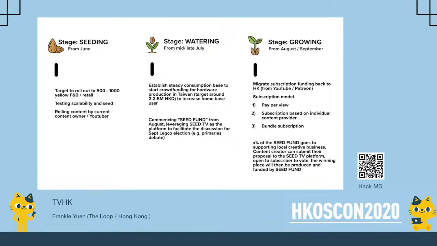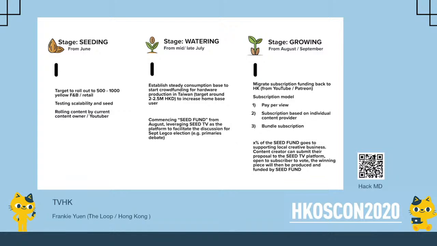And then the growing stage would be hopefully to migrate subscription funding, and premium content creators can use our platform either alongside or in replacement of, for example, YouTube and or Patreon.